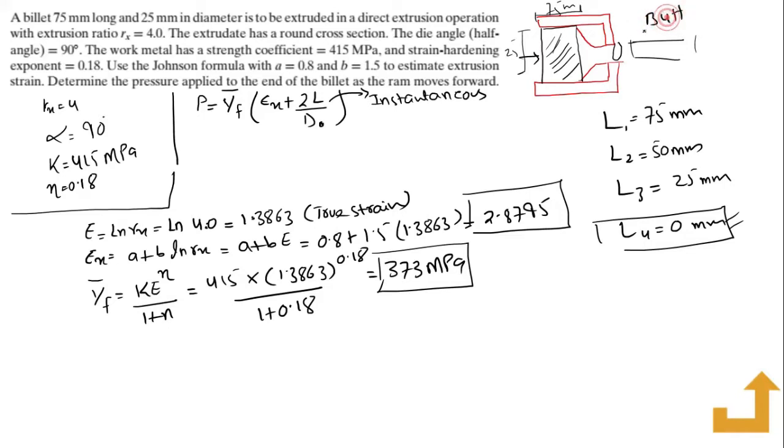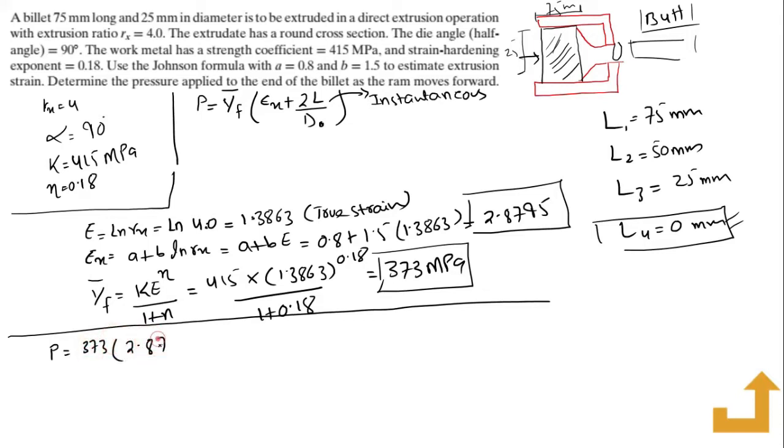If you see the initial discussion of the extrusion process, we have to find out the pressure at each of these lengths. So we have P equals YF, that is 373, into the extrusion strain, that is 2.879 plus 2 into 75 by 25.